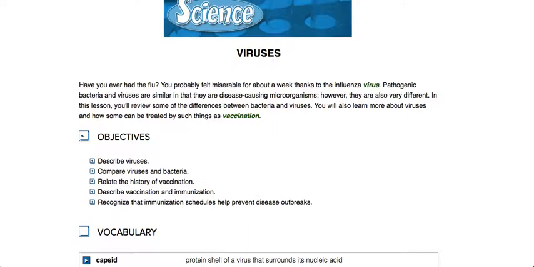Now, when you compare that to viruses, really, you want to be able to understand the complexity of viruses, being able to describe viruses, being able to compare and contrast them as they relate to bacteria, and then finally talk a little bit about the history of vaccinations and how that then relates to the prevention of outbreaks.